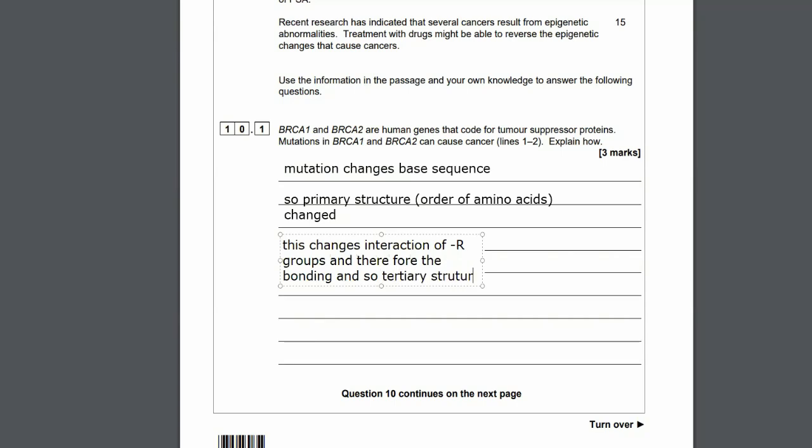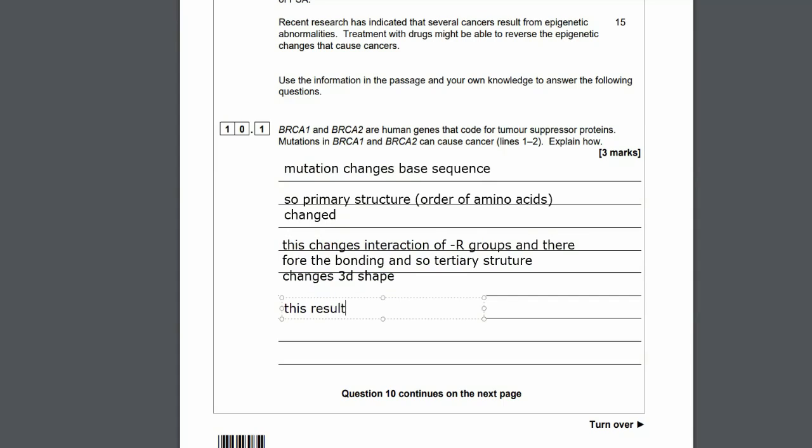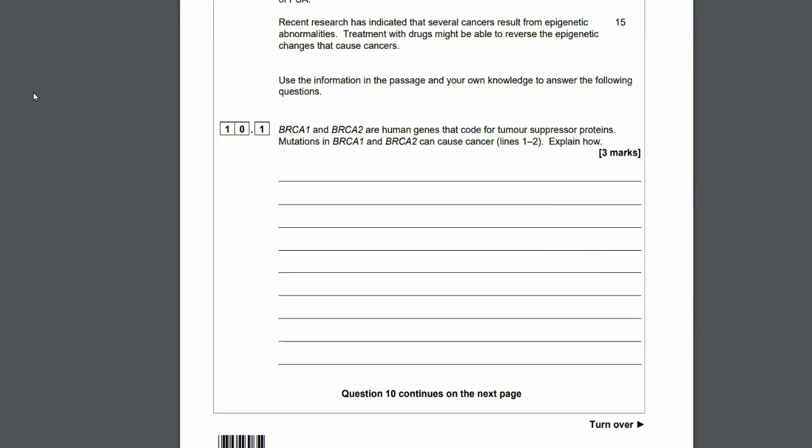And so it will change the tertiary structure, the 3D shape of the protein. It will now be dysfunctional or non-conformational. It will not be able to do its job. And the result of this misshaped protein is that it must result in rapid uncontrollable growth, which is the main cause of cancer, the formation of a tumor through rapid uncontrollable growth.